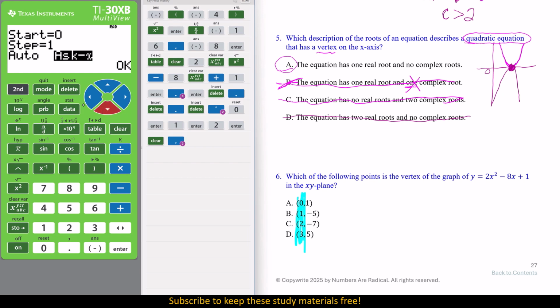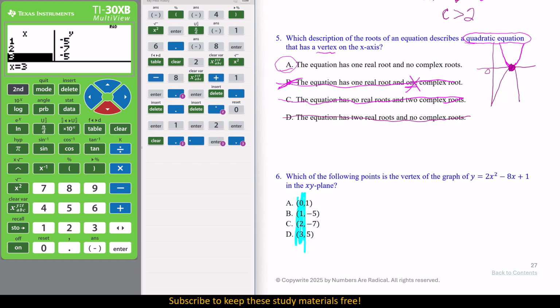So what do we do? Quickly bounce back over, go to auto just by pushing enter. Now push enter again and go to OK. Now we have something to look at. Well, let's see what happens here. If we had typed in 3, we would have seen that pattern, where the coordinate 2, -7 is less.